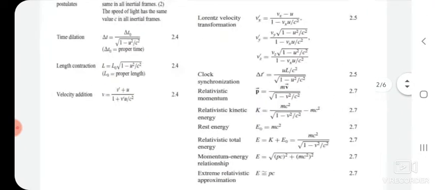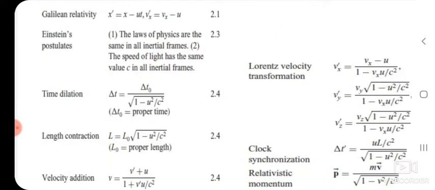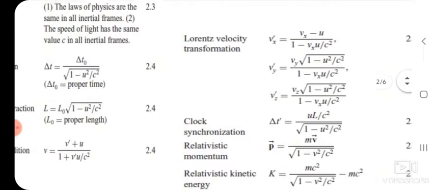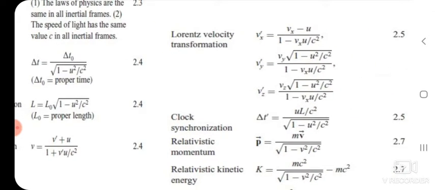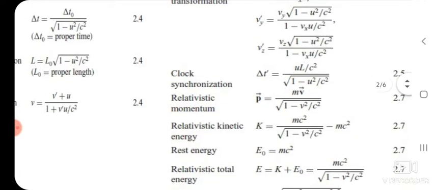if we see this first slide, it consists all mathematical formulas which have been studied in this chapter, that is Galilean relativity, time dilation concept, length contraction, velocity addition, Lorentz velocity transformation, Vx prime, Vy prime, Vz prime, delta t prime, relativistic momentum, p prime, p bar is equal to mv bar by square root of 1 minus v square by c square.